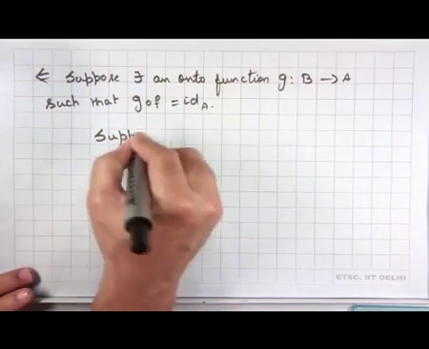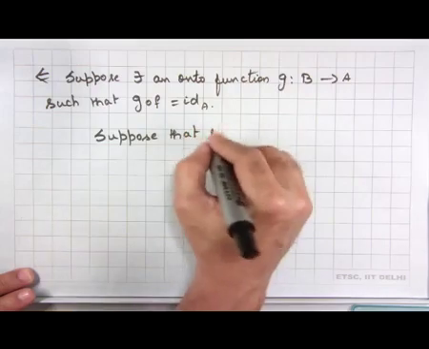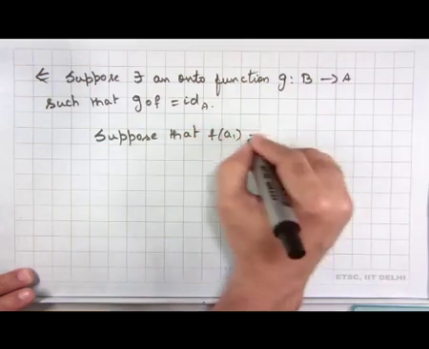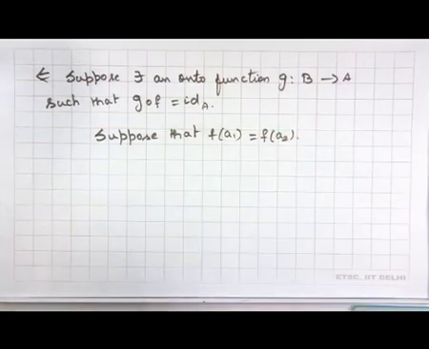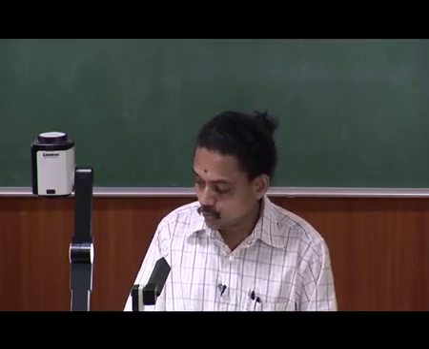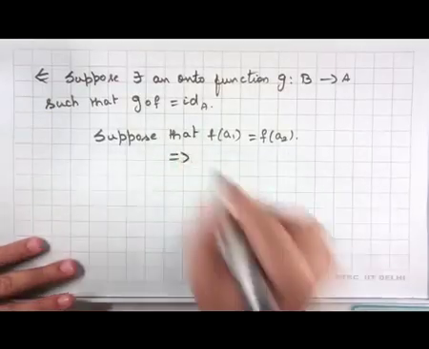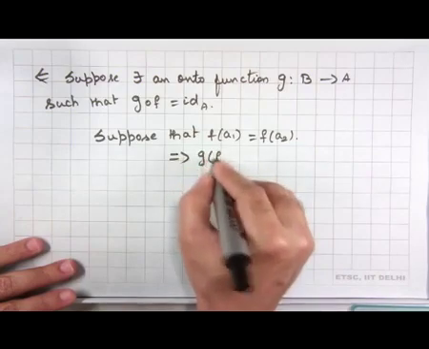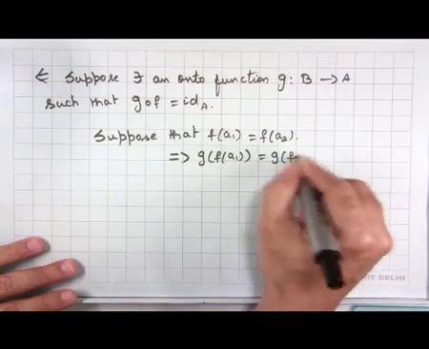Suppose that f of a1 equals f of a2. You are given that f of a1 equals f of a2. What we will have to show is that a1 equals a2. But once you know that f of a1 equals f of a2, that will imply that g of f of a1 equals g of f of a2.